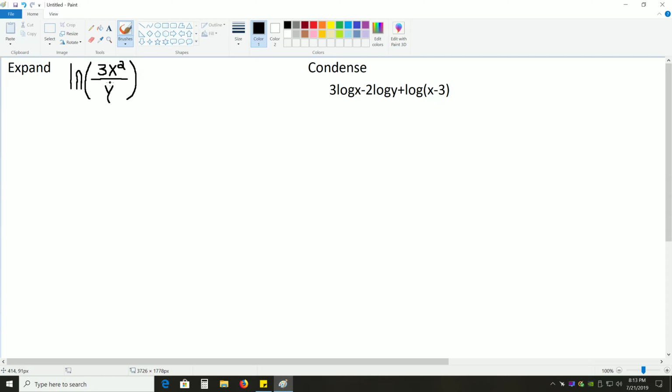When you work with expanding a logarithm, no matter what log base, natural log, or log base 10, or log base 3, or log base 100, it doesn't matter.